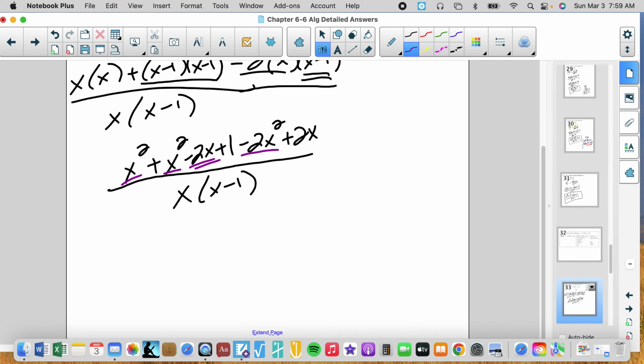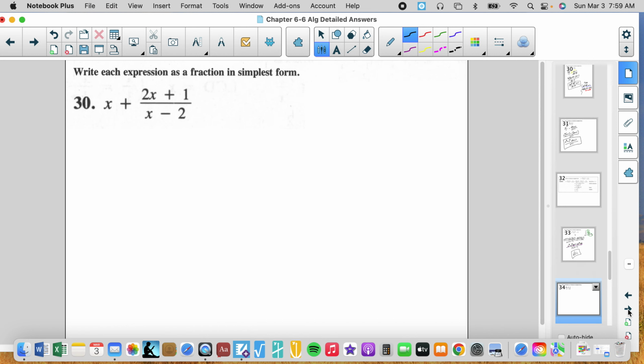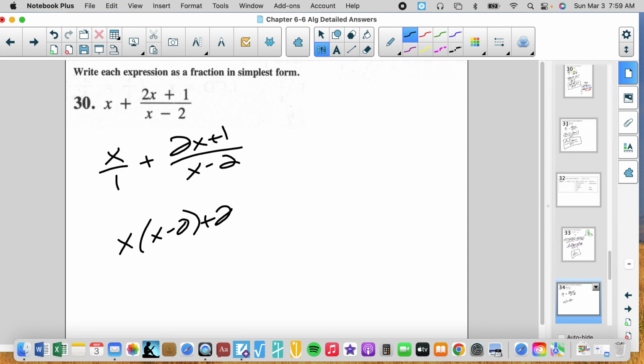The negative 2x and positive 2x cancel, and we're just left with 1 over x times the quantity x minus 1. All that work for that. Okay, it's fun. It's a good one. Now they go back to, they absolutely kicked us in the teeth on that first one, and now they have a relatively benign second one.